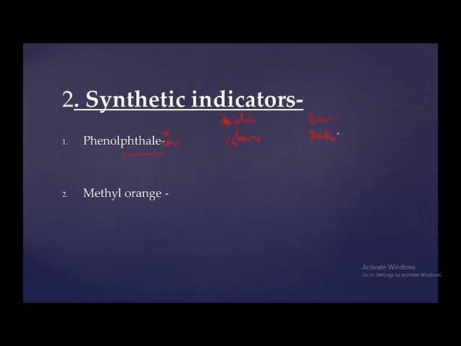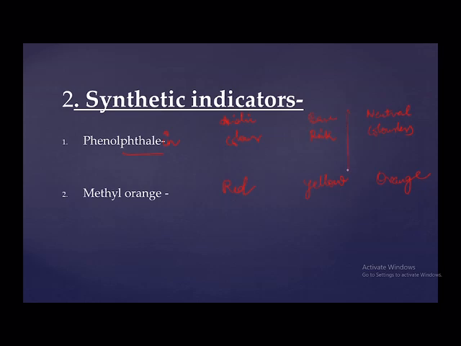If it is a base, it's pink in color, and if it is neutral, it is colorless in the neutral state. In case of methyl orange, it is red in color if it is acidic, yellowish if it is a base, and orange if it is neutral.